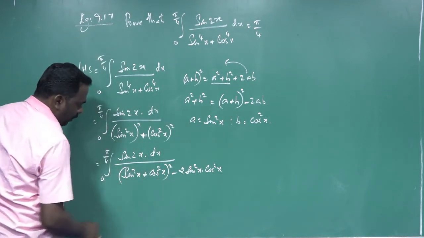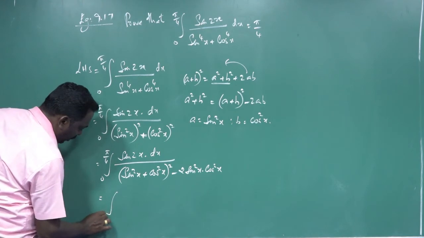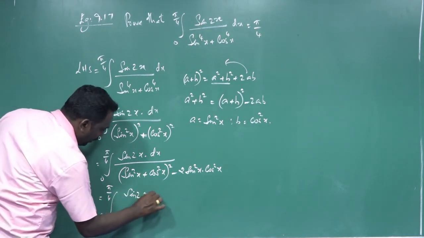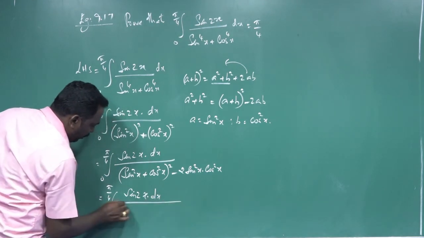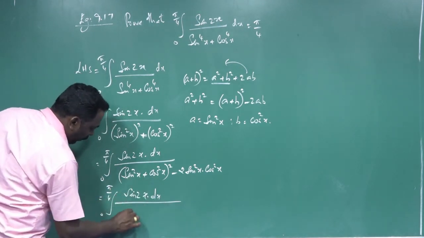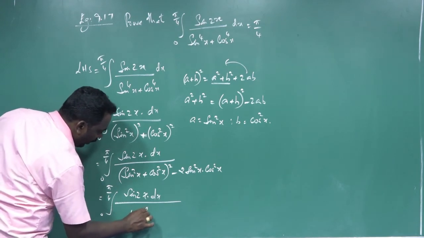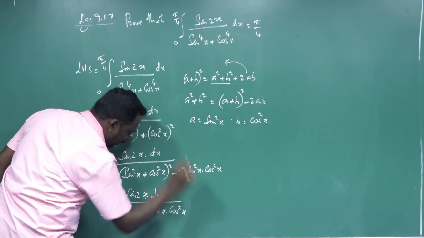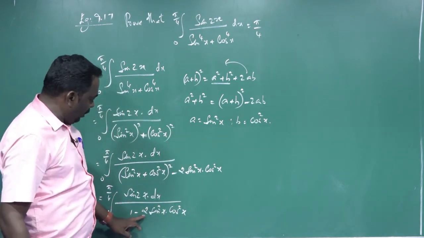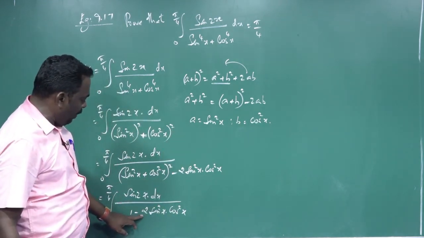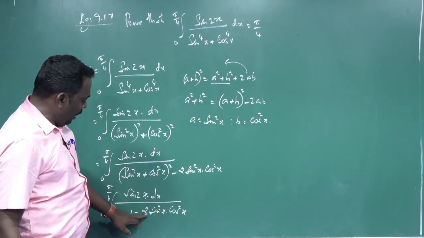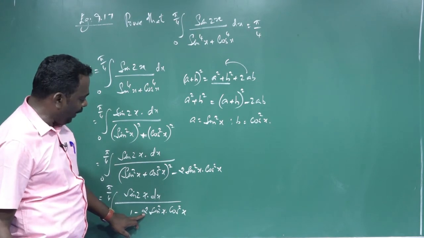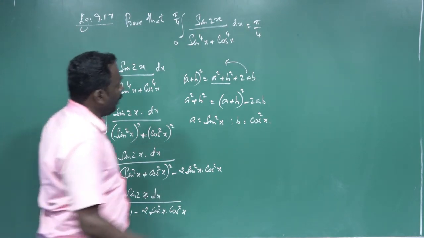Therefore sin square plus cos square value equals 1. That is equal to integral 0 to pi by 4, numerator sin 2x into dx by (sin square plus cos square equal to 1), 1 square is called 1, minus 2 into sin square x into cos square x. So in this last term, we have to multiply and divide by 2, because sin square cos square is in square form and 2 also we convert to square form. We want to multiply and divide by 2 in this second term.